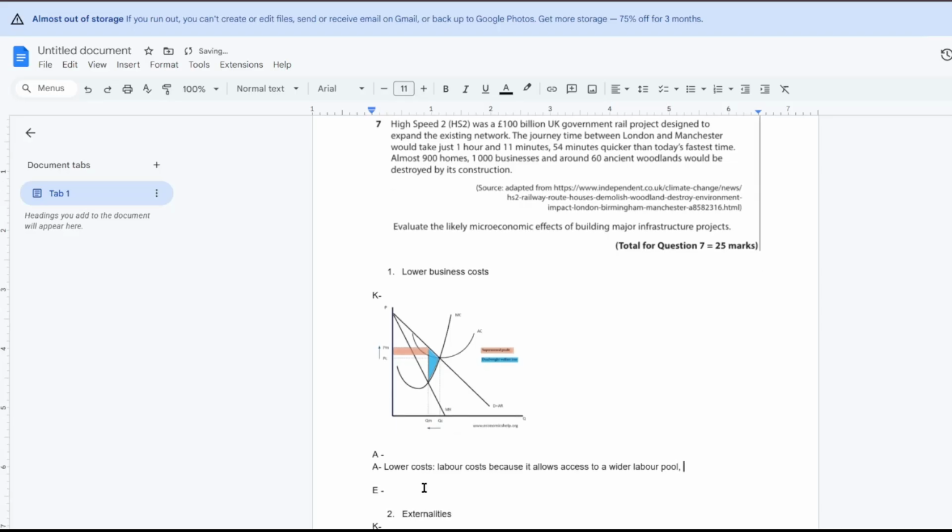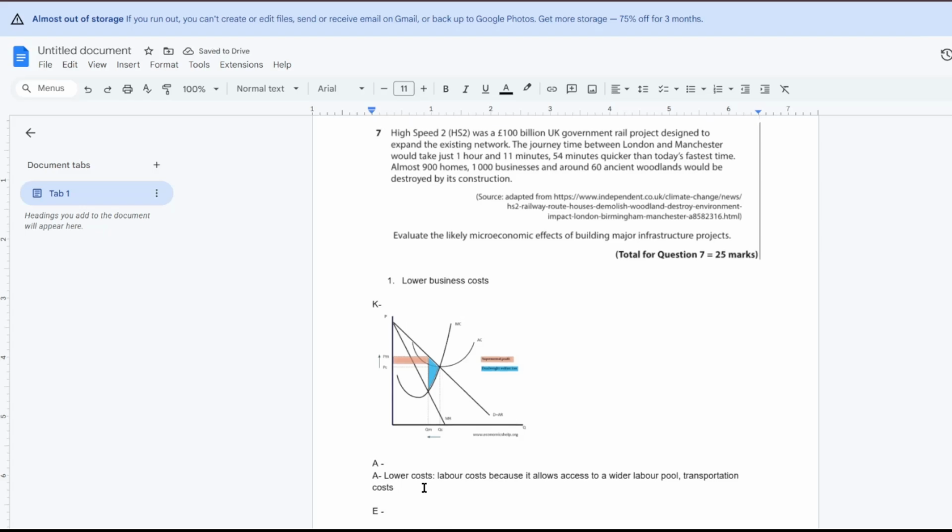I might also look at transportation costs for businesses. We'll use the HS2 example, right? So we're focusing on maybe transportation infrastructure. So this should lower transportation costs because maybe it creates a more direct route.